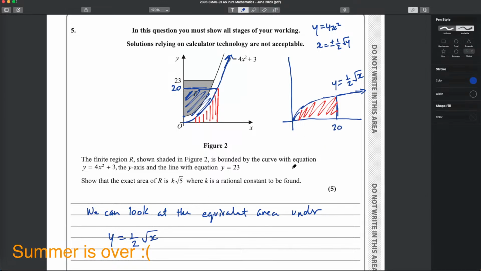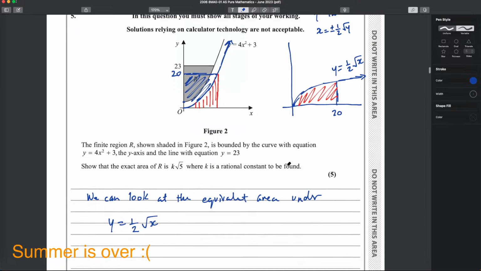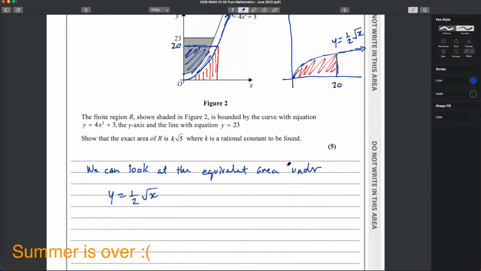This would be 20. And then we need to integrate.